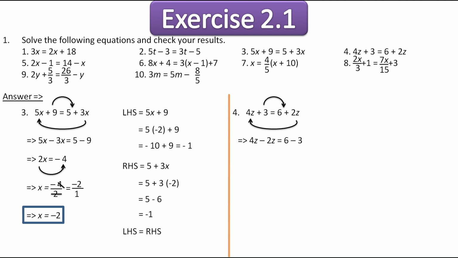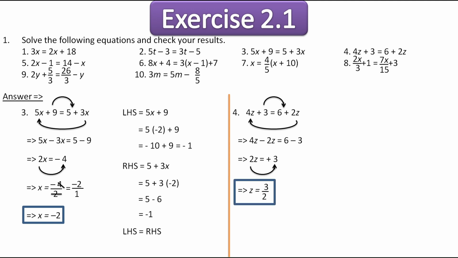Okay, so 4z minus 2z is 2z and 6 minus 3 is 3. Now we have to shift the 2, which is multiplied with z, to the denominator. So z is equal to plus 3 upon 2. Okay, so I got the value of z as 3 upon 2.